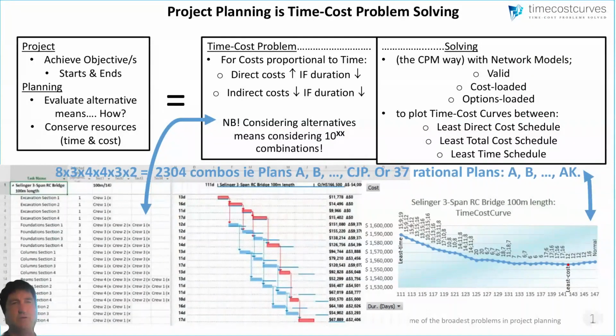I would go so far as to say that what you're probably using CPM for is at a kindergarten level, whereas becoming a time cost problem solver is more about high school. It's at the high school level in terms of the concepts and the maths that you need to use to go back to the original purpose for using CPM in the first place.